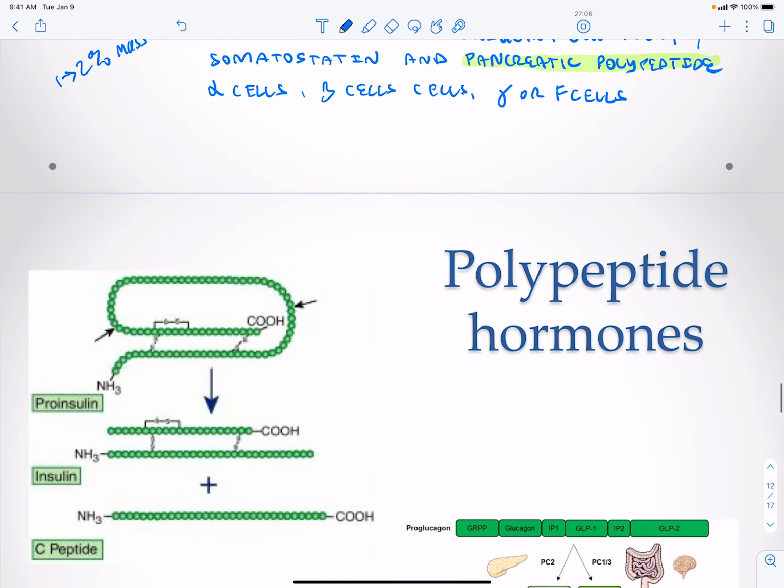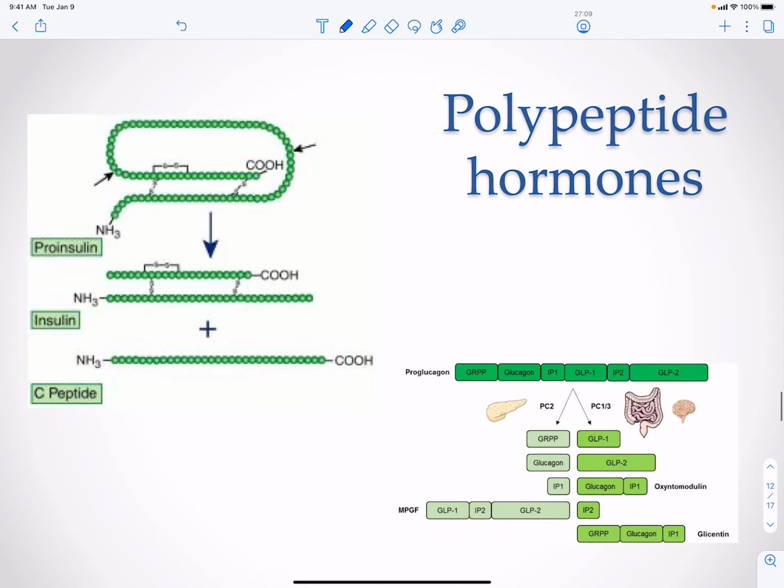Okay, so now let's talk just a little bit about our hormones. And we're going to discuss just very briefly insulin and glucagon. So insulin and glucagon are polypeptide hormones. These are going to be synthesized as a prohormone.